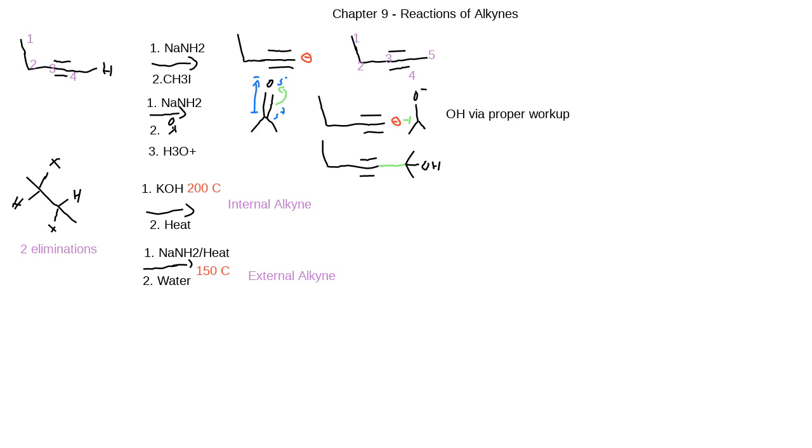Okay. Now, what it actually looks like by internal and external, even though they have the same starting compound, the different bases and the different temperature result in different locations of the triple bond. Okay?